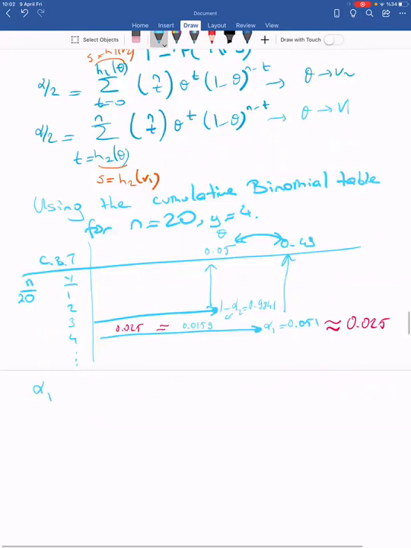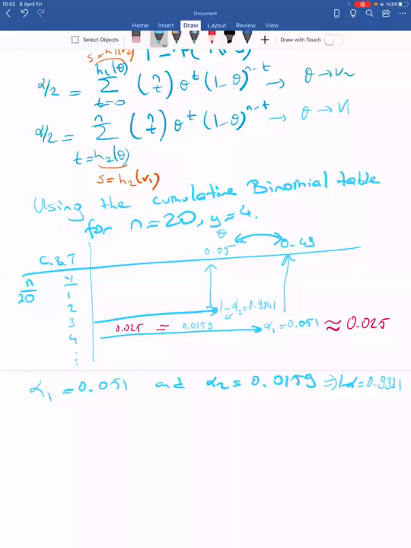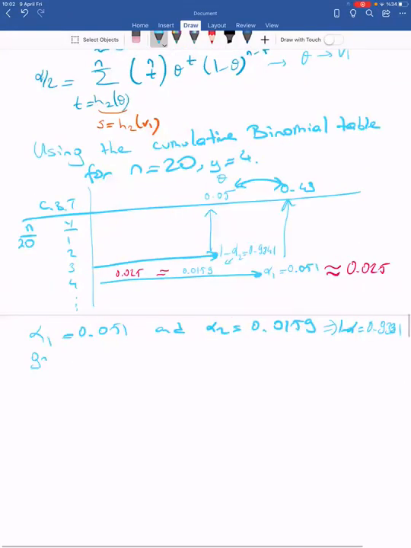When we choose alpha 1 as 0.051 and alpha 2 as 0.0159, then 1 minus alpha will be 0.9331. So it's close to 0.95, but not exactly, as you can see. Then the 93.31% confidence interval for theta will be 0.05 and 0.49. So this is one example of how we can find an exact interval for the binomial.